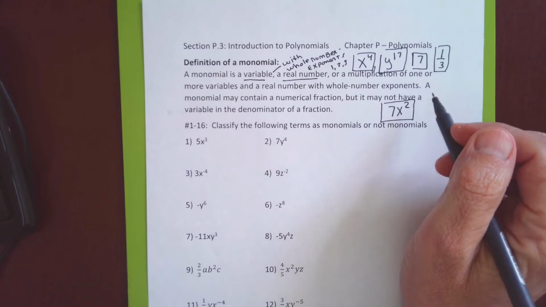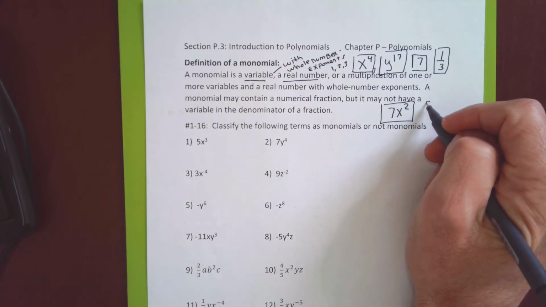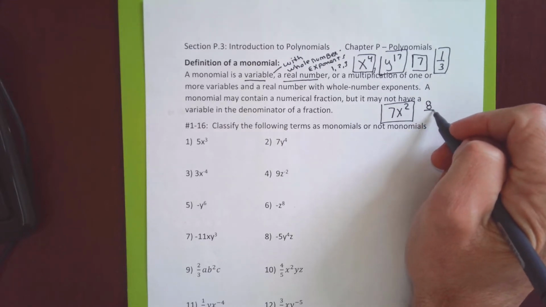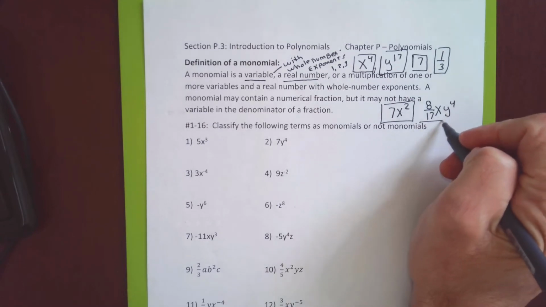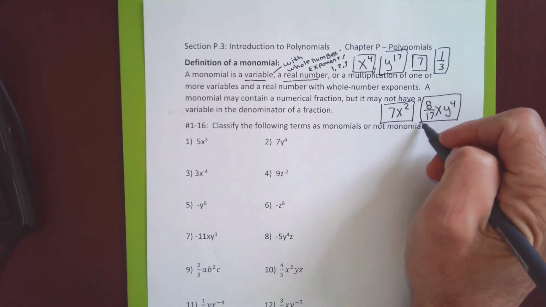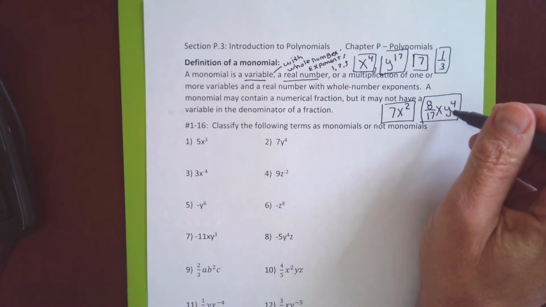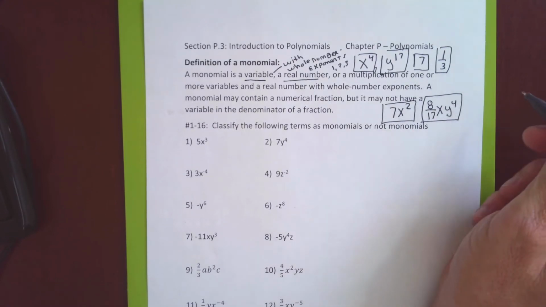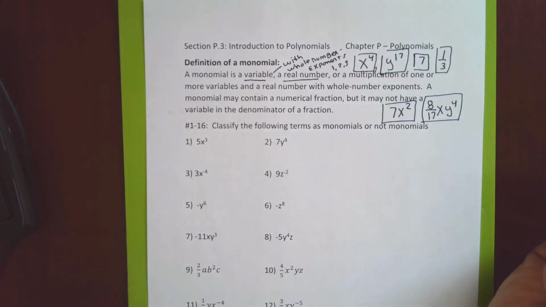This is considered a monomial. Could be something like 8/17 x y to the 4th. This would be considered a monomial. It's a multiplication of a number and two variables, and each of the variables has whole number exponents, like 1, 2, 3, 4, 5. So it's just a single term in some sense that makes a monomial.